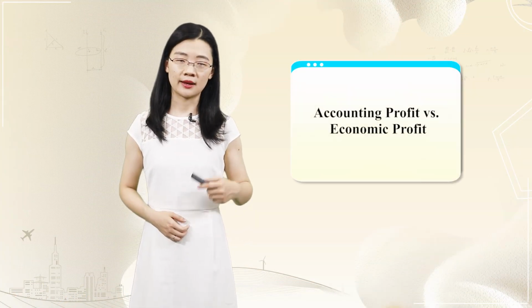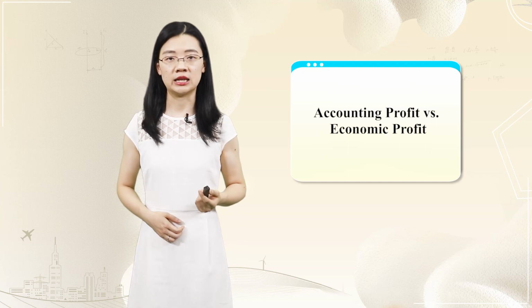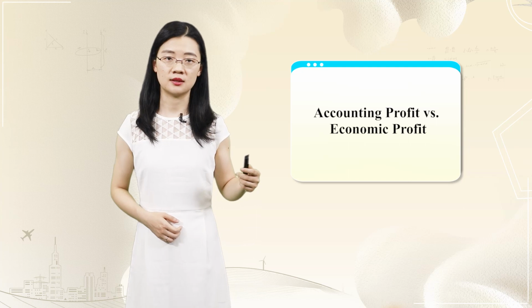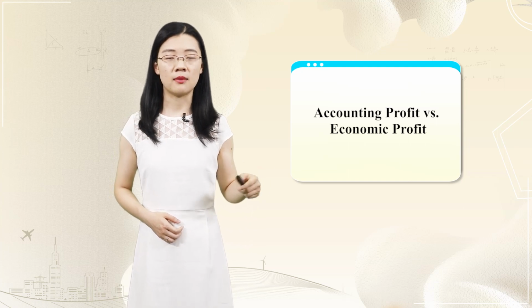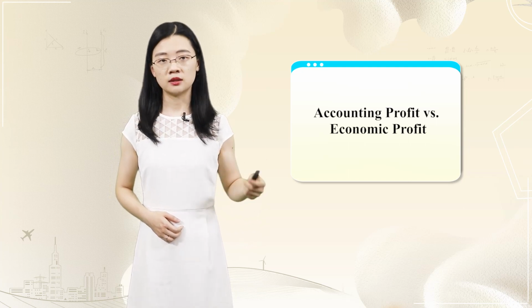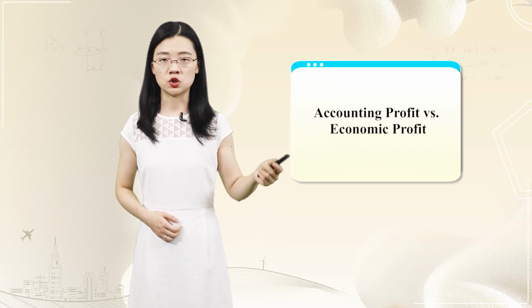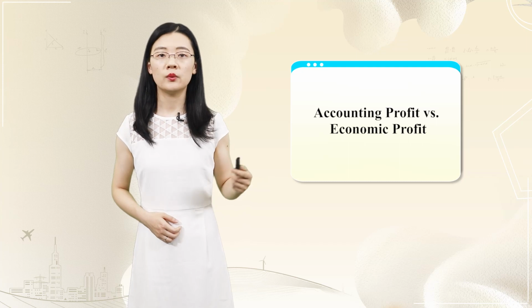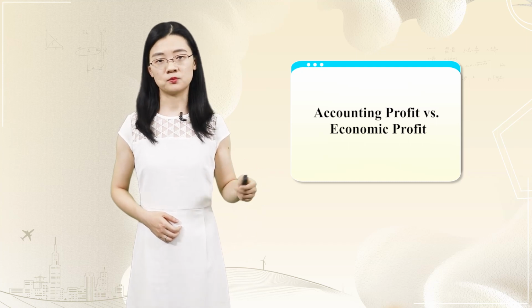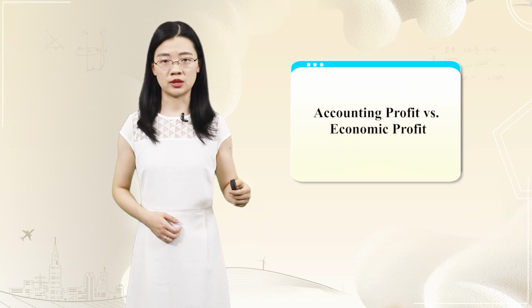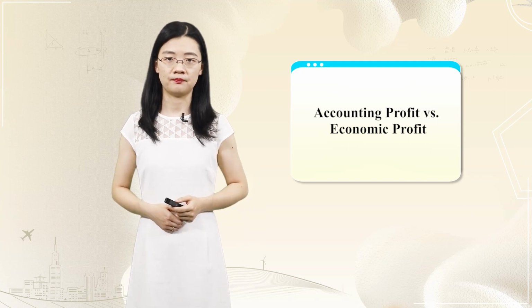From this example, you can see that the concept of profit in economics is not the same as accounting profit. The profit we use in microeconomics is economic profit, which is revenue minus the opportunity cost. When we talk about the aim of producer is to maximize profit, we refer to the economic profits.